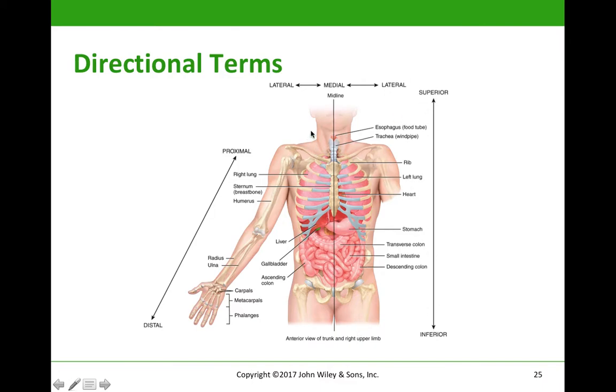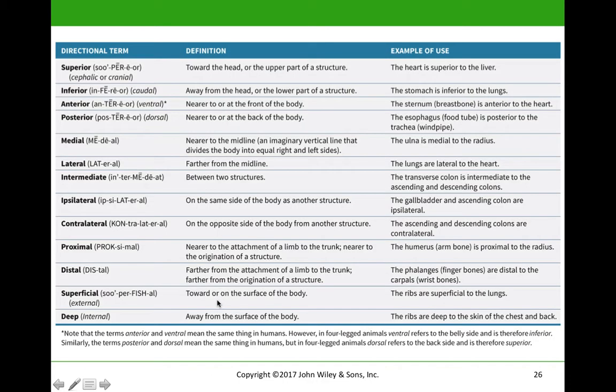So in that example, it would actually be better to say that the shoulder is inferior to the head, but then for proximal and distal, you are going to say that the shoulder would be proximal to the elbow versus distal from the hand.